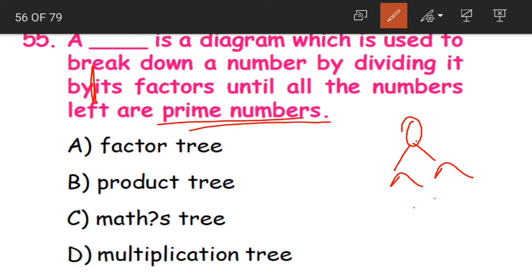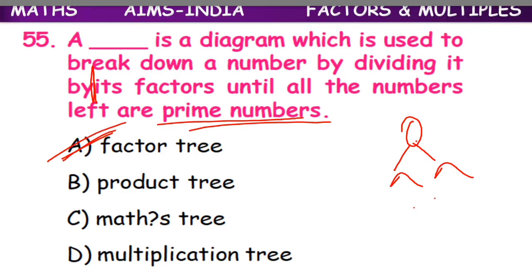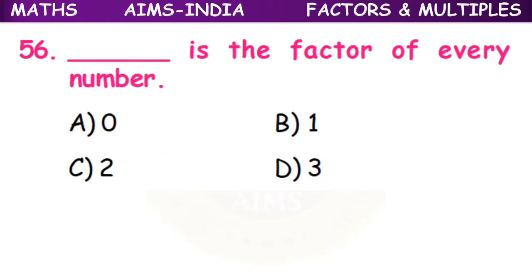What is this? This is our factor tree. If you remember the prime factorization topic, then the method of finding out prime factors was the factor tree method, where we found out the factors until all the factors left were prime numbers. So option A, factor tree, becomes our correct answer.